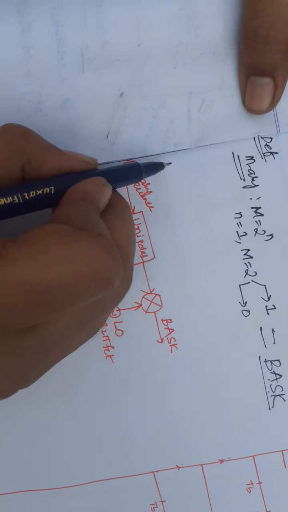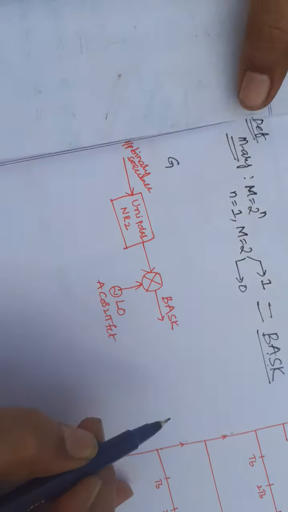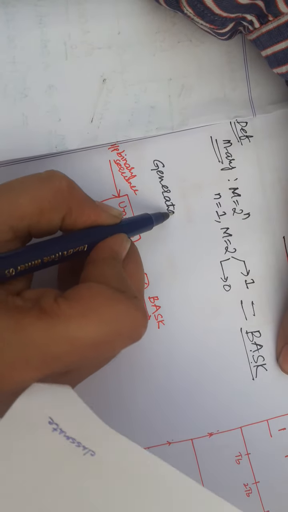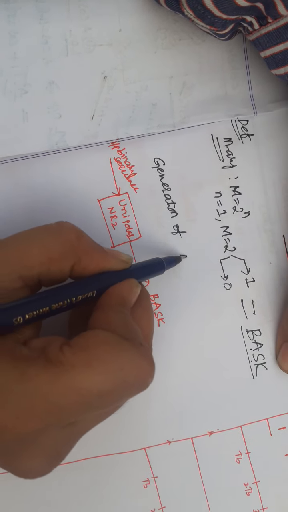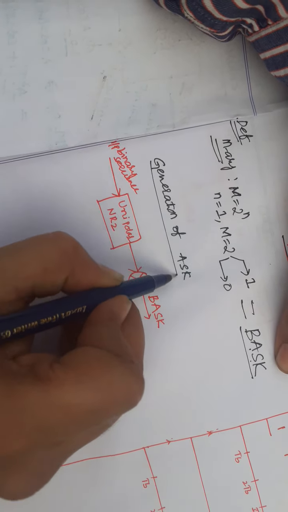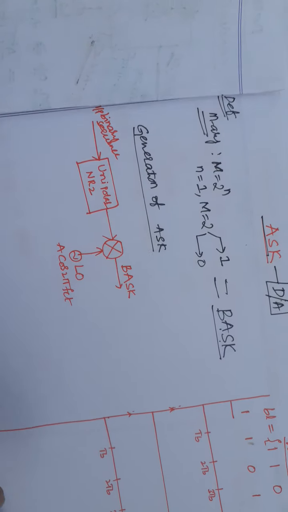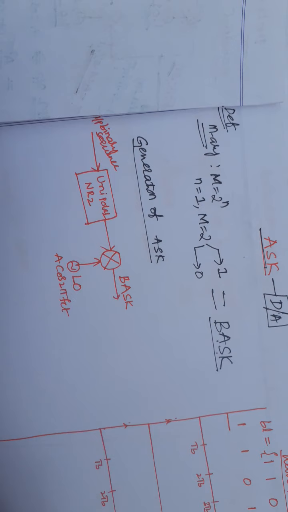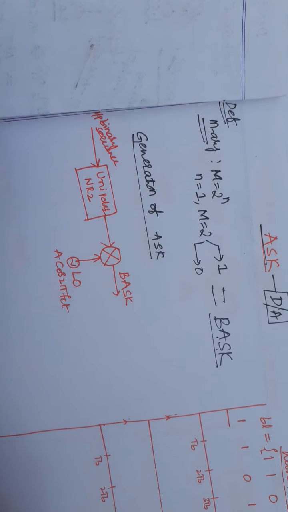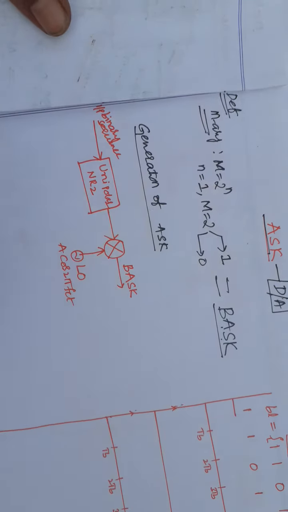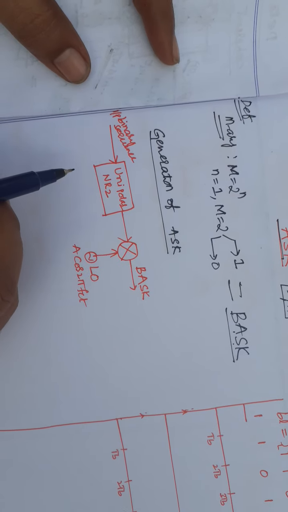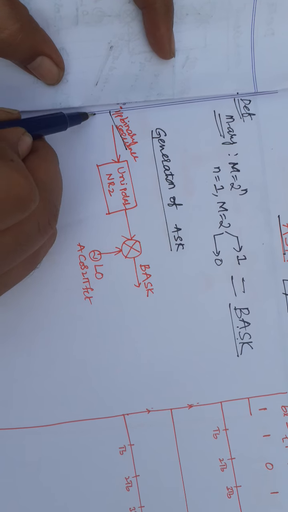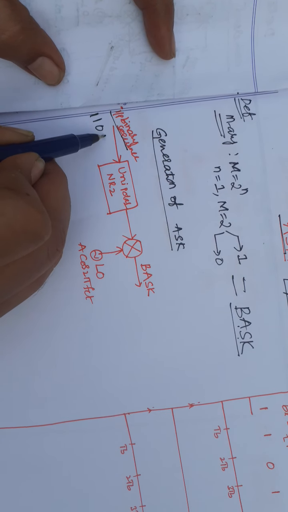Now the generation of ASK. If you see the block diagram of ASK, it consists of an input binary sequence, which we can take as 1 1 0 1 0.